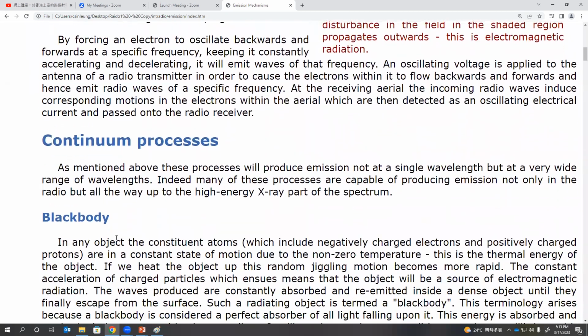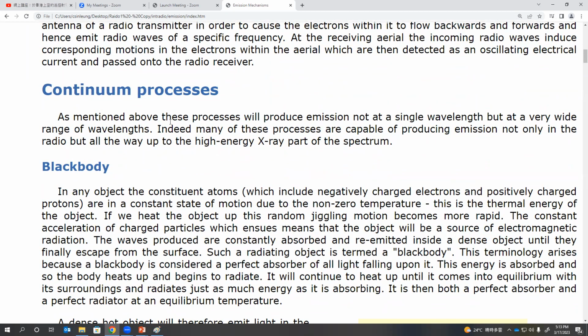Then we start to talk about the continuum process. As I mentioned before, we have continuum processes and spectral line processes, and then we will introduce what we call thermal and non-thermal, for the first part of today's presentation. In the second part, I would like to show you some observation and simple data processing.